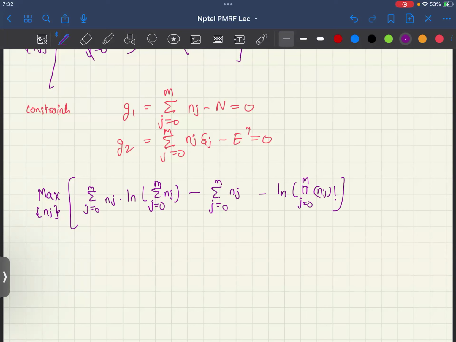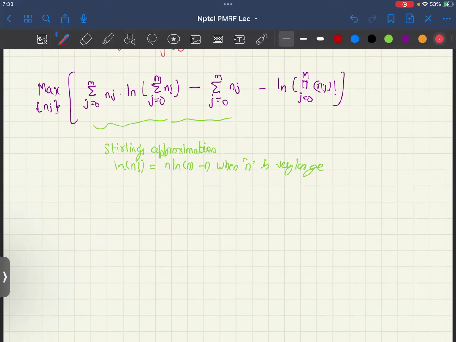So here what we have done is applied Stirling's approximation, which tells us that ln of n factorial is nothing but n ln n minus n when n is very large, right?